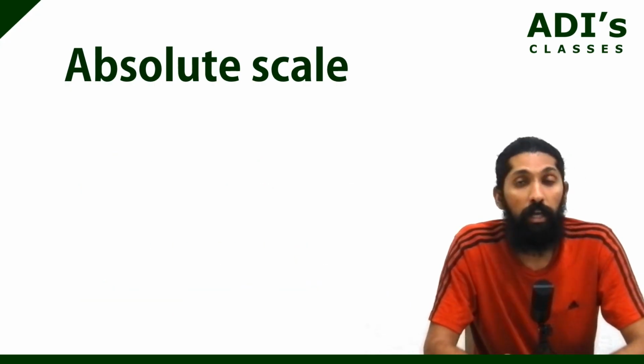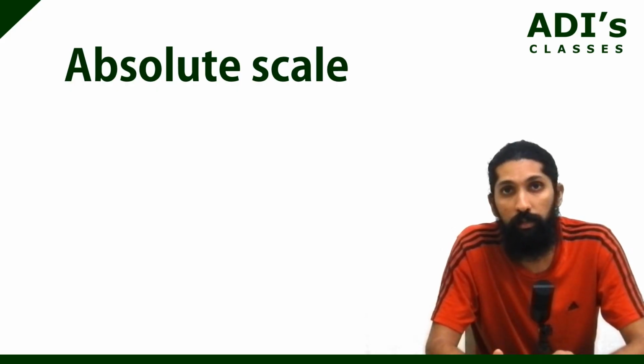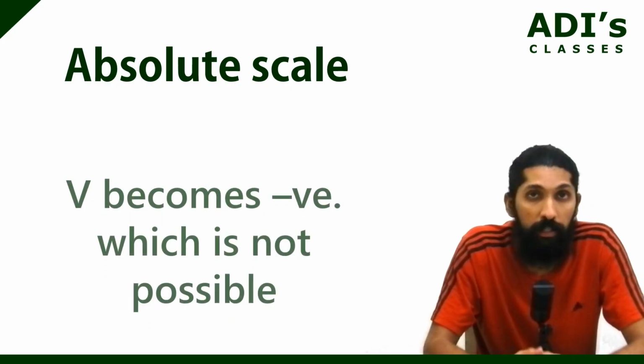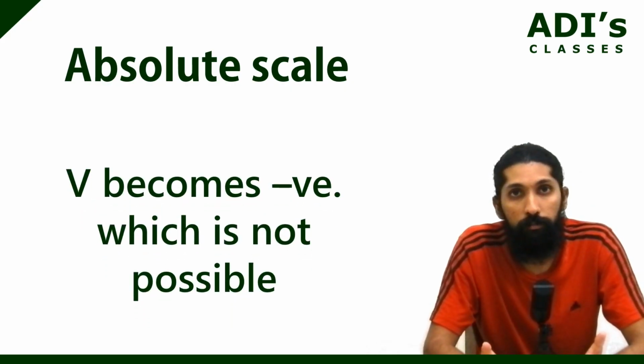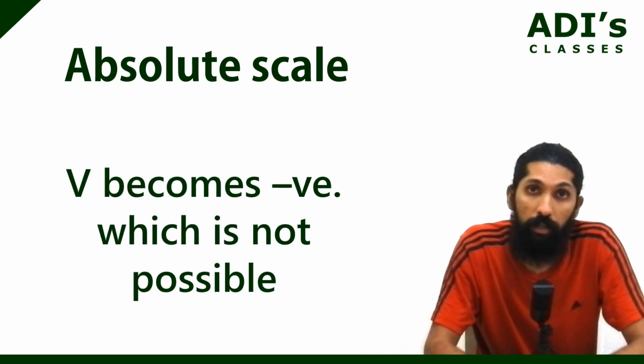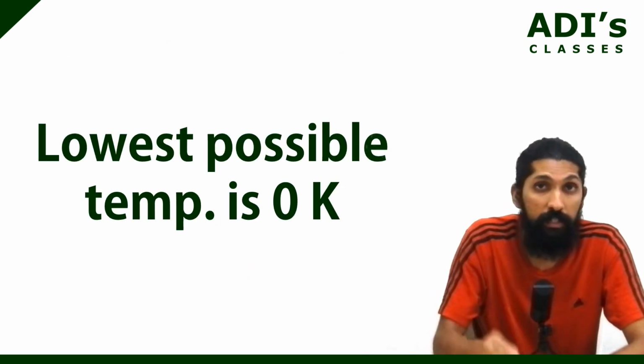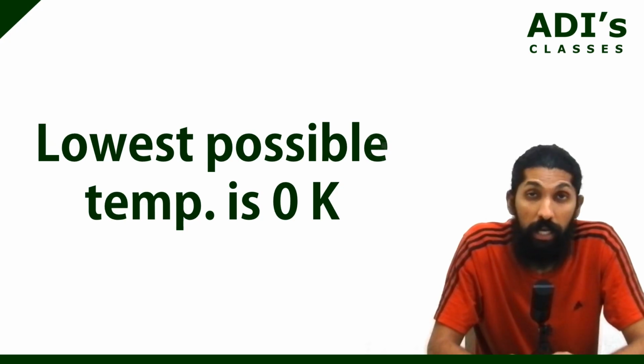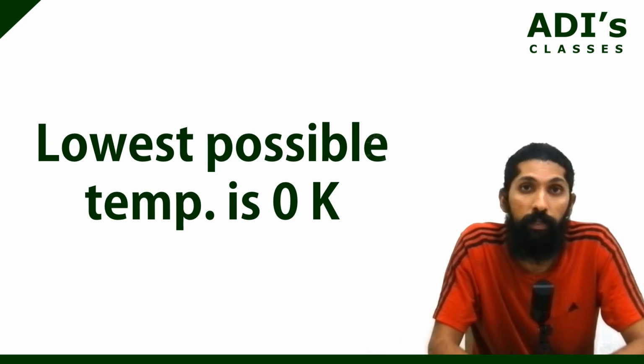The reason is that if temperature becomes less than 0 Kelvin, or absolute zero, the volume becomes negative. We cannot have negative volume, quite obvious, isn't it? That's why the least temperature we can ever go to in this universe is 0 Kelvin.